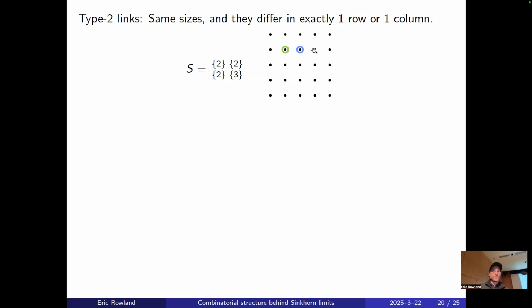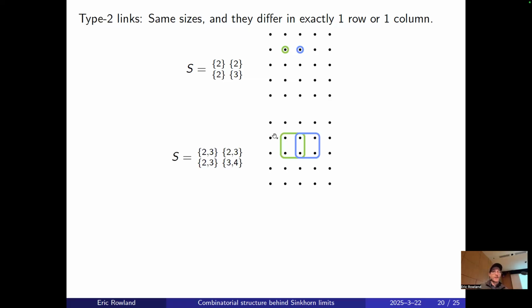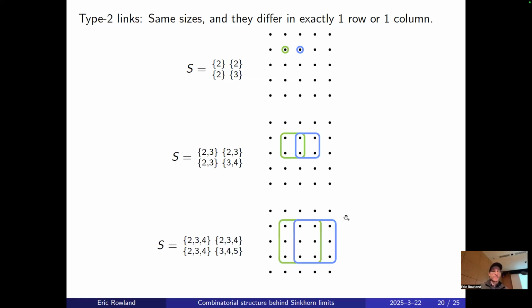So here are two 1 by 1 minors that share the same row, but they differ in their column. Here are 2 by 2 minors that share the rows and differ in exactly one column. And 3 by 3 minors that share their rows and differ in exactly one column. So these are the two types of links.